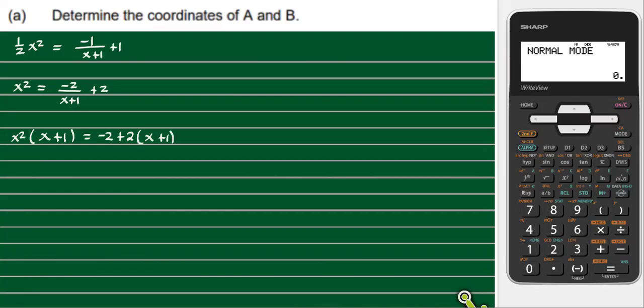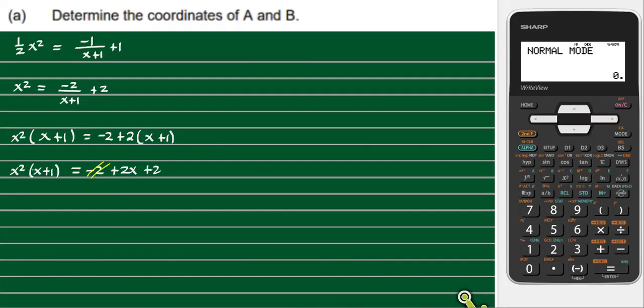All right, bring to the left. I have x squared, I'm going to keep that in brackets, and then x plus 1. If I can bring that one, it was -2 plus 2x plus 2.